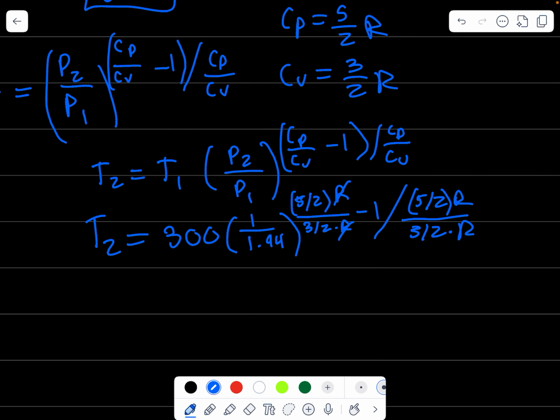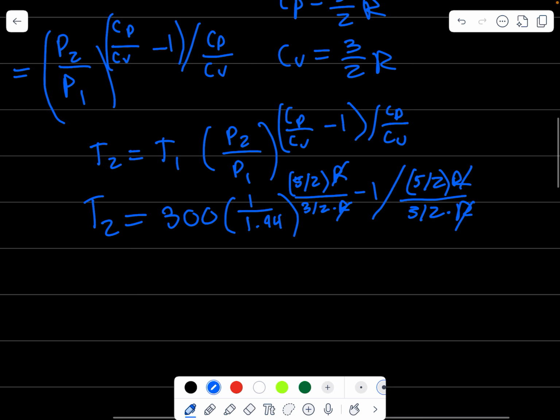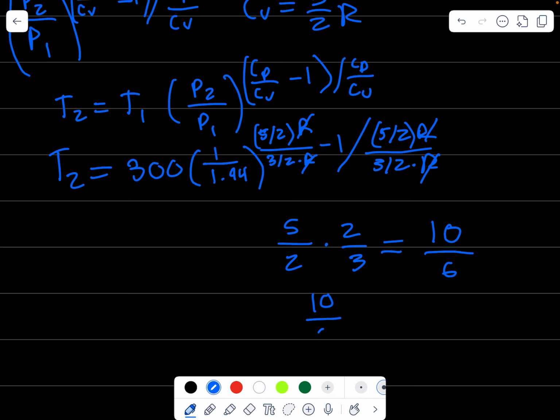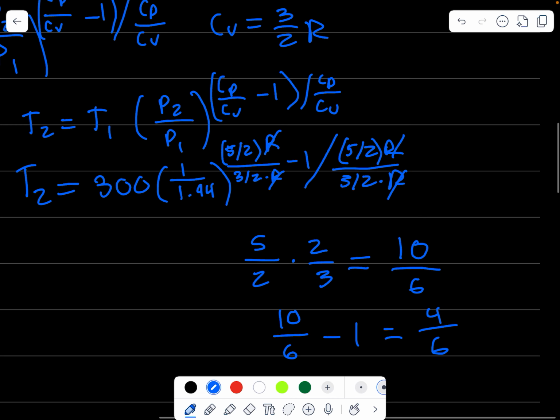All right, let's do a little bit of number crunching here. These R's cancel. Once again, these R's cancel as well. In this sort of case, we can flip the fractions and multiply. So we have 5 over 2 times 2 over 3 equals 10 over 6. So 10 over 6 minus 1 equals 4 over 6. Cool.